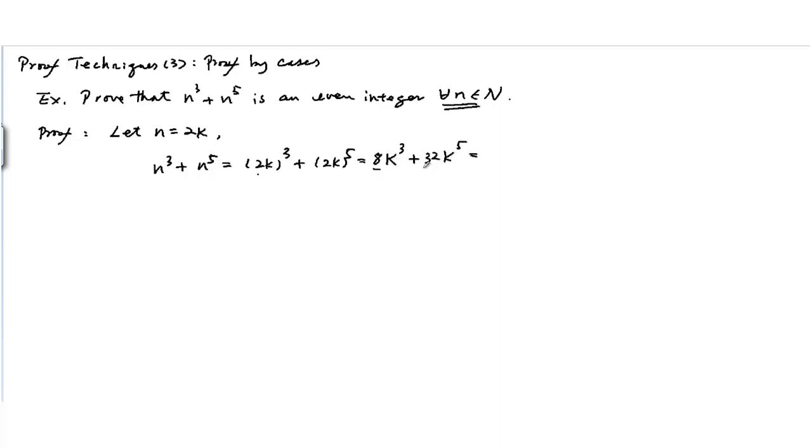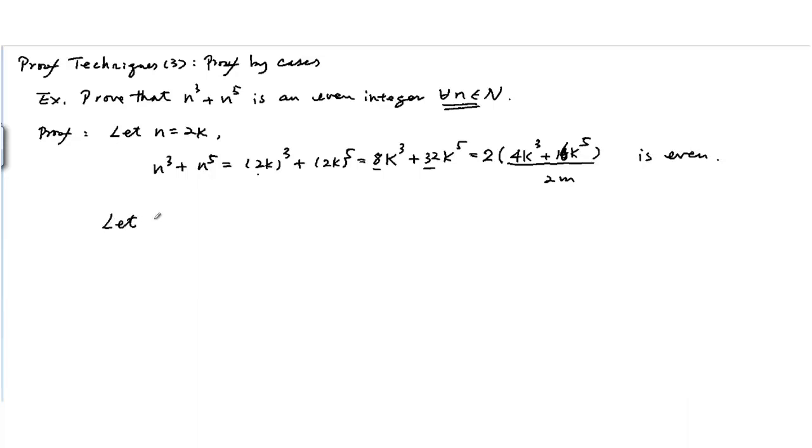To illustrate this is an even number, we just need a multiple of 2. So we factor out 2 and get 2 times (4k to the third power plus 16k to the fifth power). This is in the format of 2m, where m is this expression. So this is an even number.